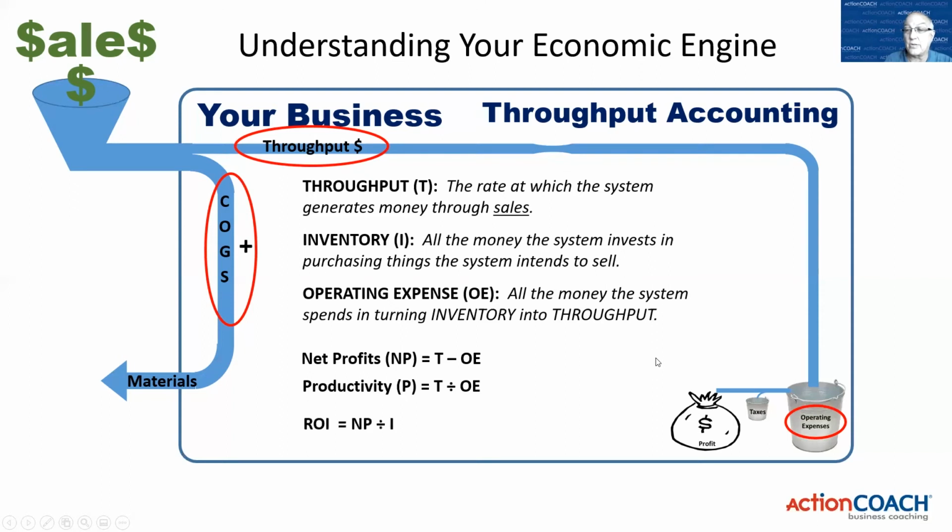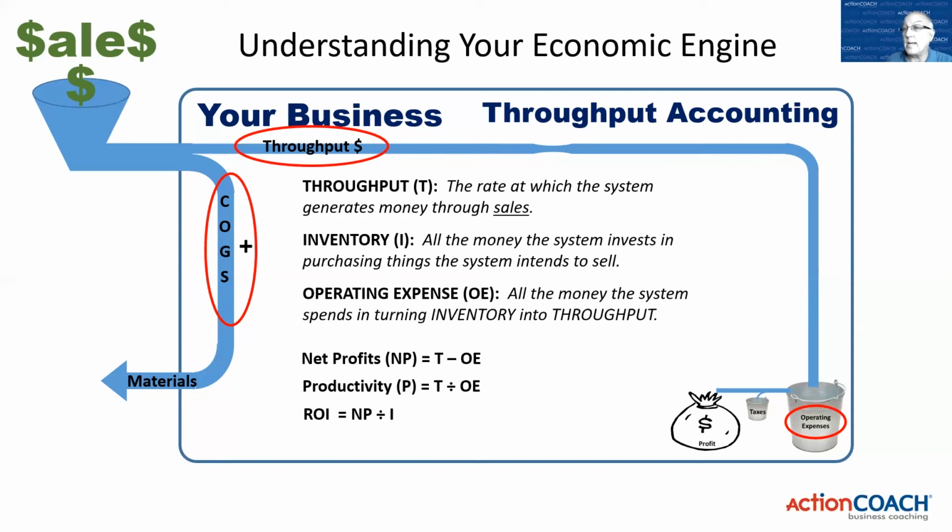Let's add a third one. Let's talk about return on investment. Well, the whole reason we go into business is to get a return, right? And so the ROI of your business can be looked at as net profit, which includes throughput dollars and operating expense, divided by inventory.